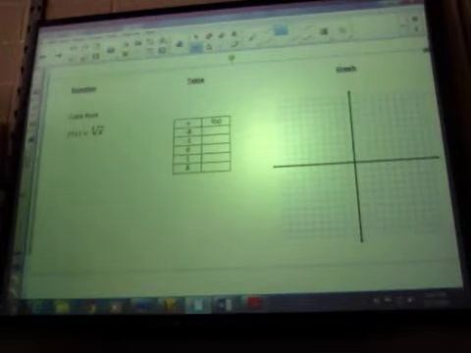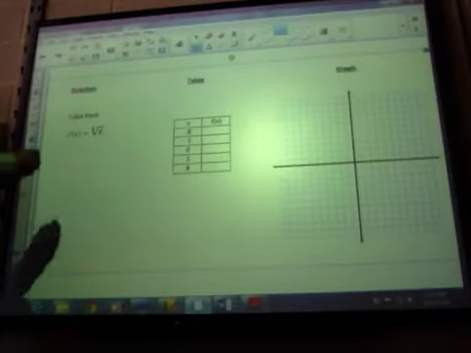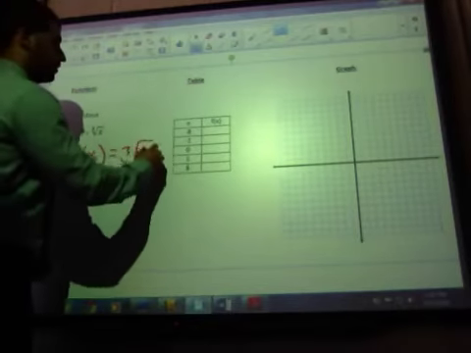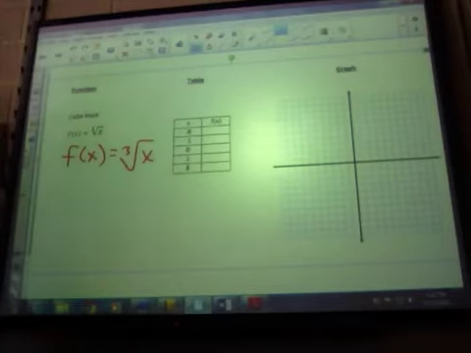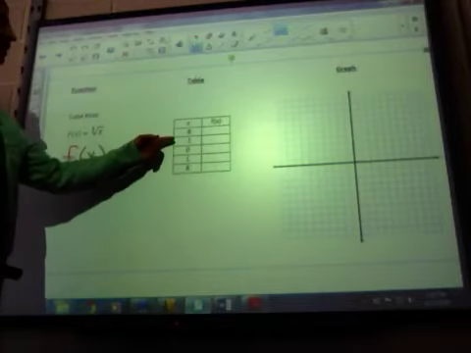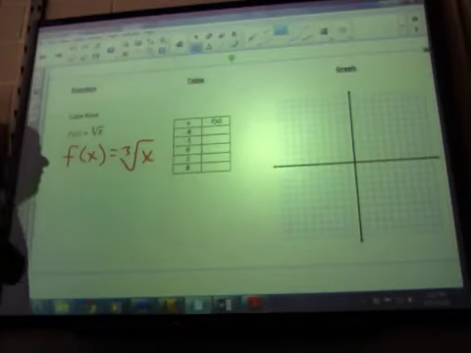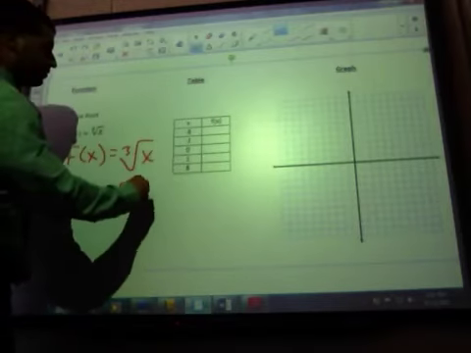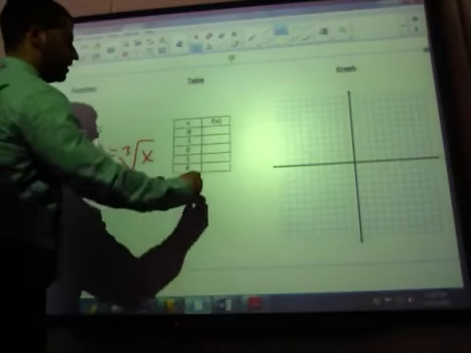Cube root, which if square root is the opposite of quadratic, which is squared, cube root is the opposite of cubic. So our numbers are the perfect cubes that we found before. Negative 8, negative 1, 0, 1, 8. Notice there are negatives in this graph. Cube root of negative 8 is negative 2.